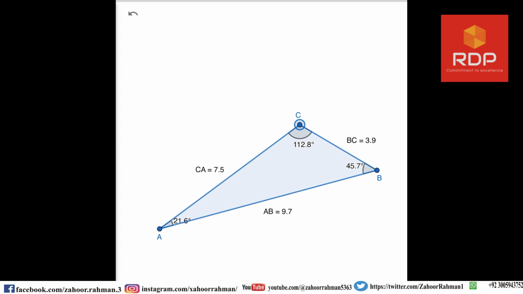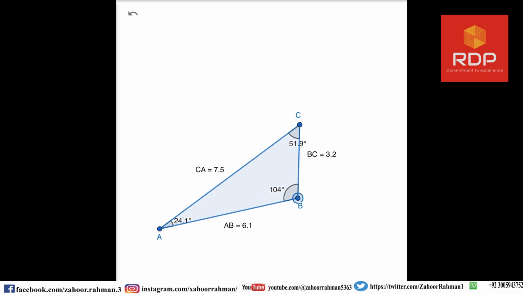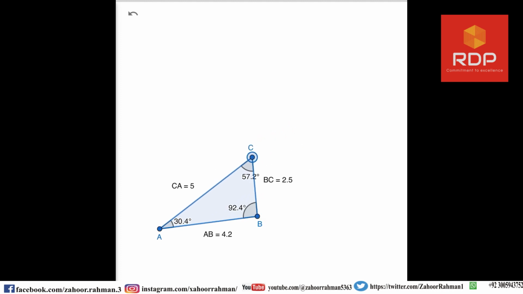All the sides of the triangle are not equal. Therefore, this type of triangle on the basis of categorization of sides is called a scalene triangle. We will observe different types of triangles during the next few lectures. Now let us change it one more time.